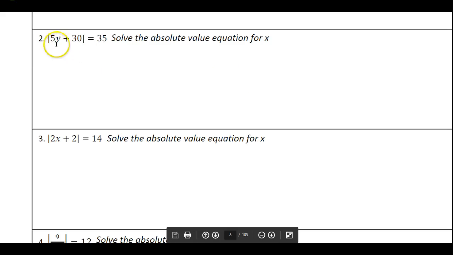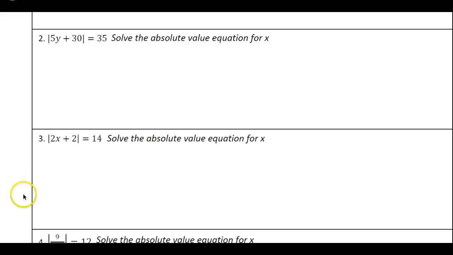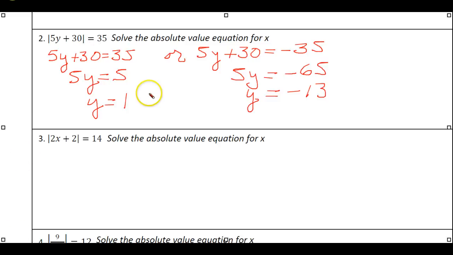All right, we'll give you a shot now at number 2. Again, without the absolute value signs, and then make this a negative 35. So, pretty straightforward here. Y is 1. Y is a negative 13.